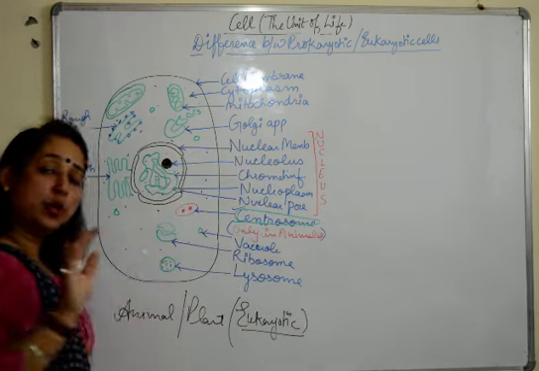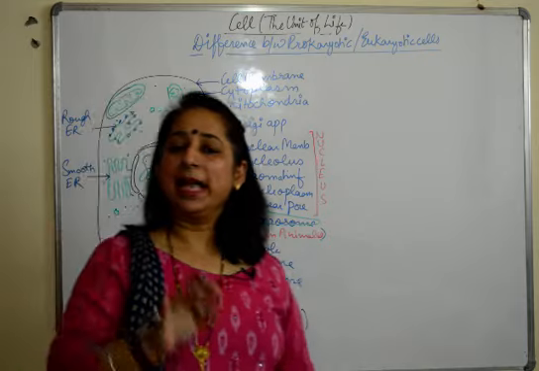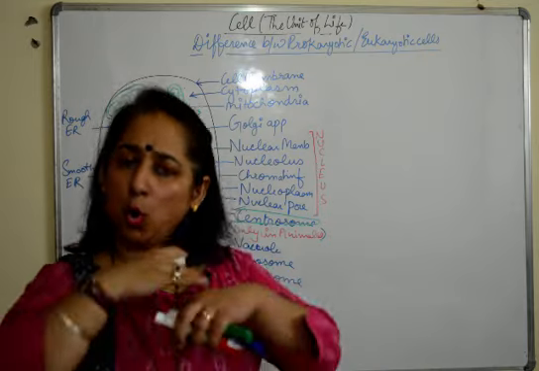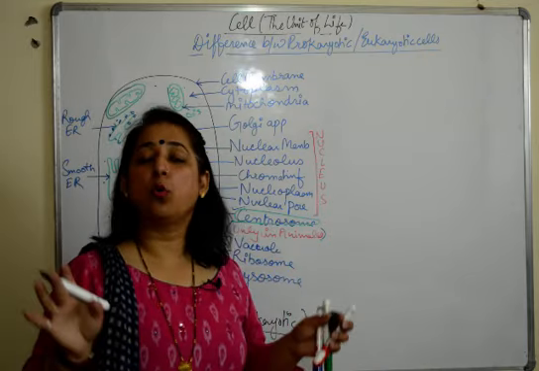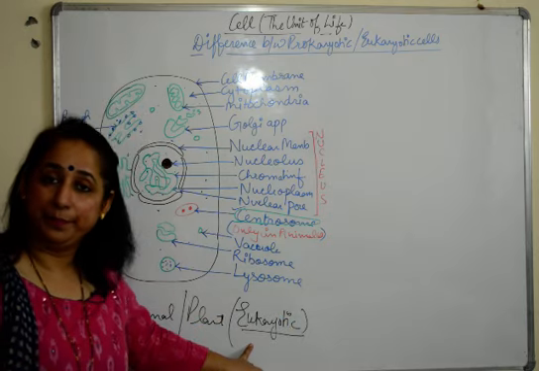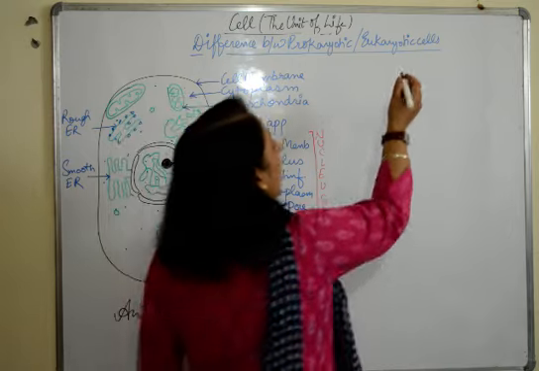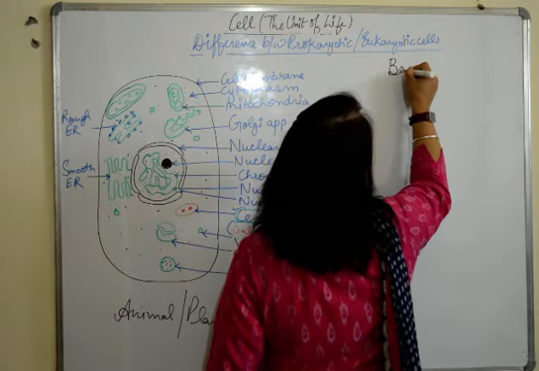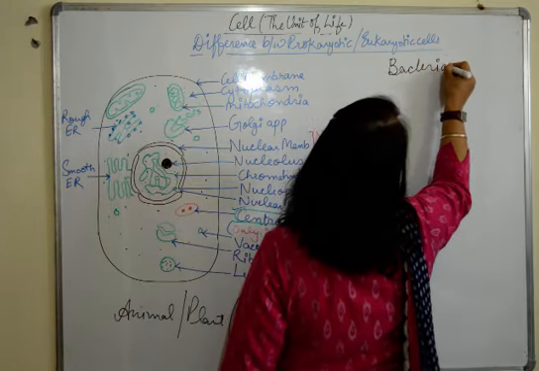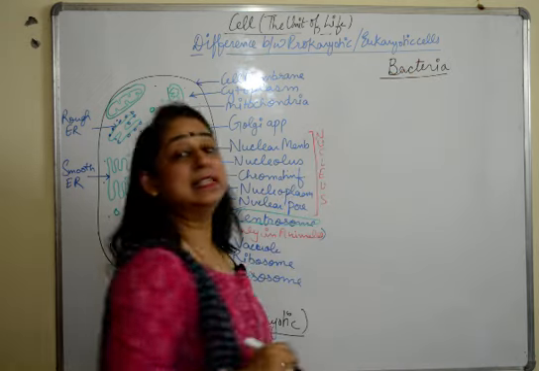So eukaryotic cells, it can be animal cells, it can be plant cells. All the types of animal and plant cells, all of them are eukaryotic. Fine. And when we talk about prokaryotic cells, a basic cell which is prokaryotic is the bacterial cell.